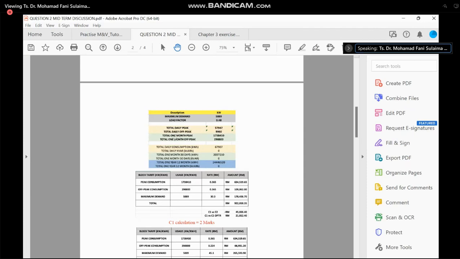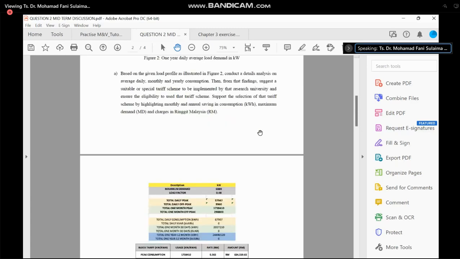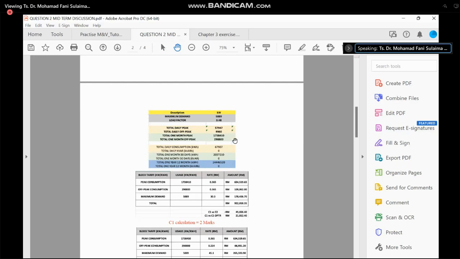And after that, with 30 days in a month, multiply with 30 days, and we get this 1 month peak and the 1 month off peak.